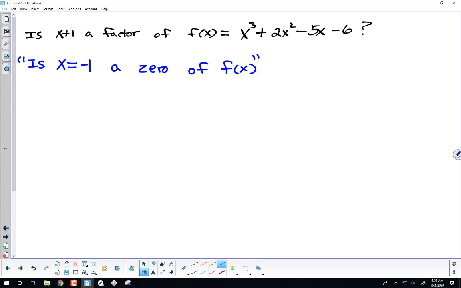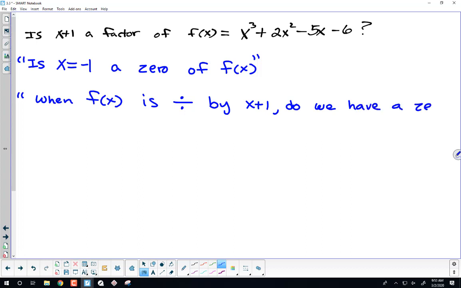So another way to ask this is: when f of x is divided by x plus 1, do we have a 0 remainder? So all three of those questions are exactly the same.